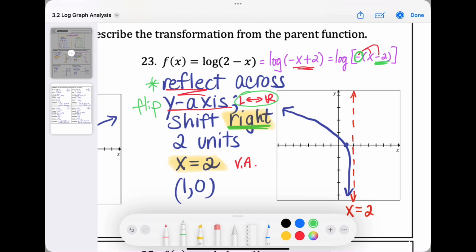And again, if you're lost, we can go through the original. The original function had to go through what? (1, 0), right? So this will be my parent function. Now, I need to move that to the right 2 units. So starting from this point, (1, 0), I need to move to the right side, (1, 2).